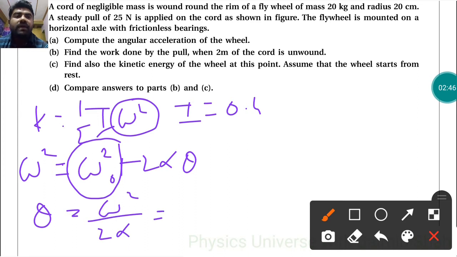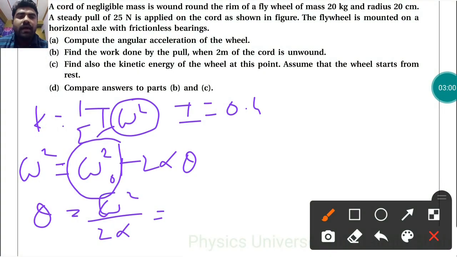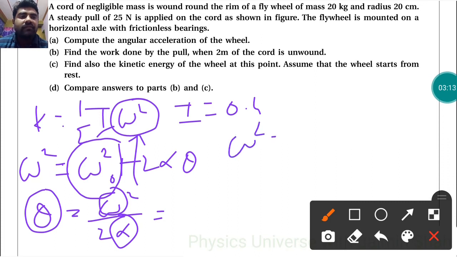So omega square is equal to 2 alpha theta, right?